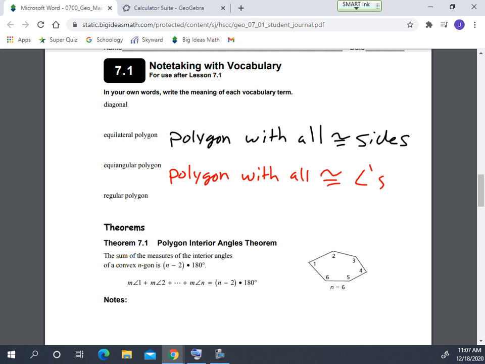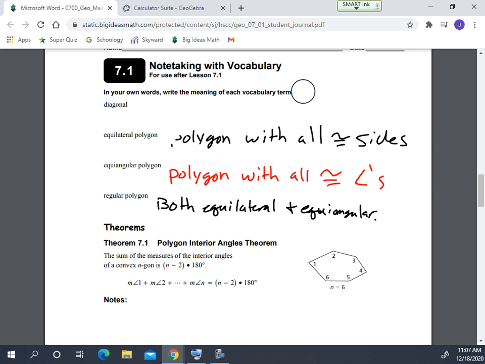And a regular polygon is a combination of both, both equilateral and equiangular. That is a regular polygon. It has both all congruent sides and all congruent angles.